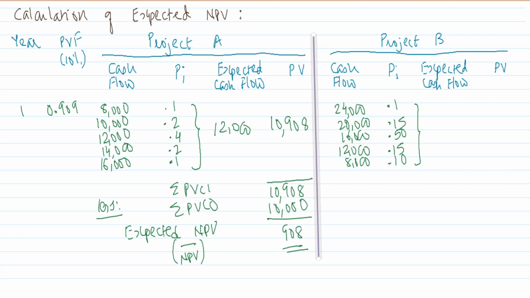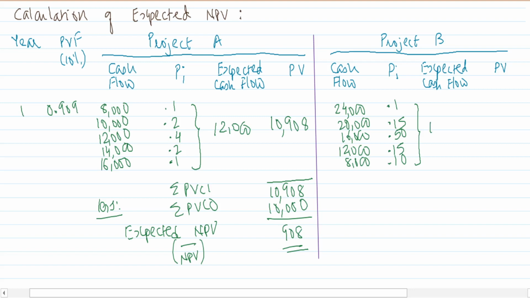So similarly do it for the other project. 24,000 into 0.1, 20,000 into 0.15, 16,000 into 0.5, 12,000 into 0.15, and 8,000 into 0.10. And then take a total and work out the expected cash flow.